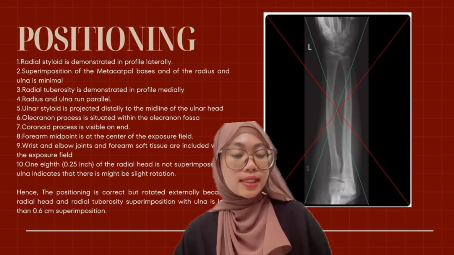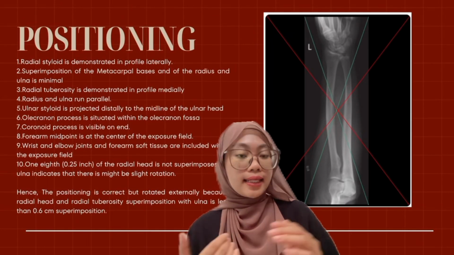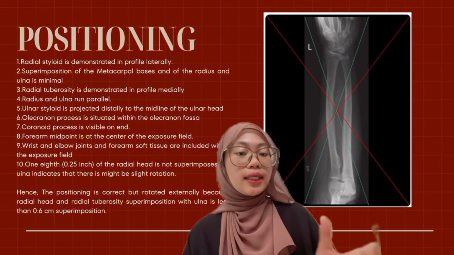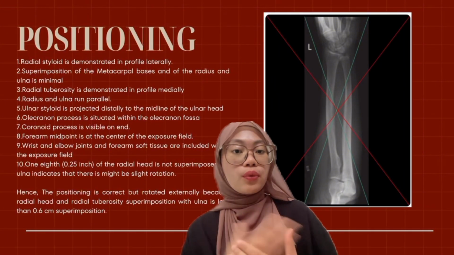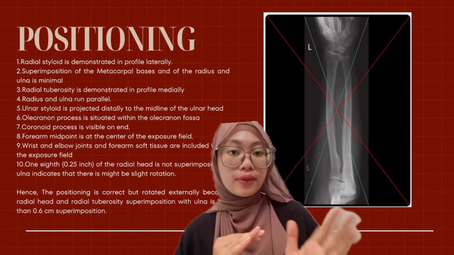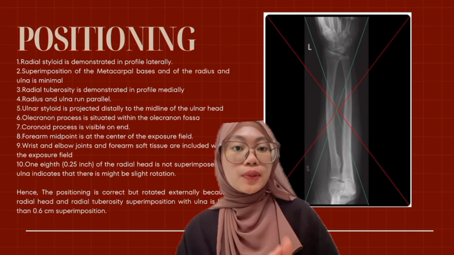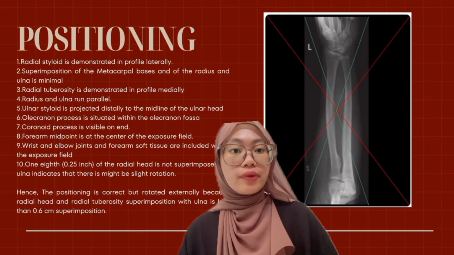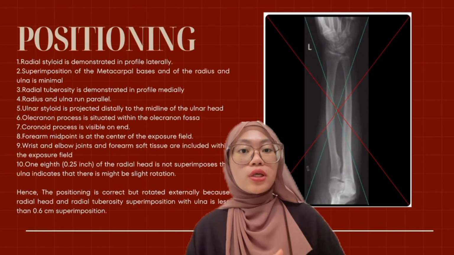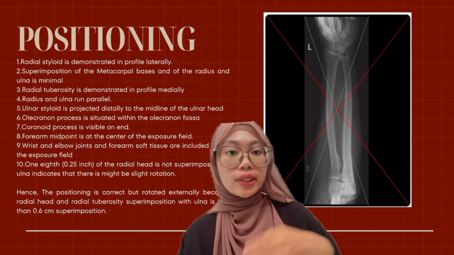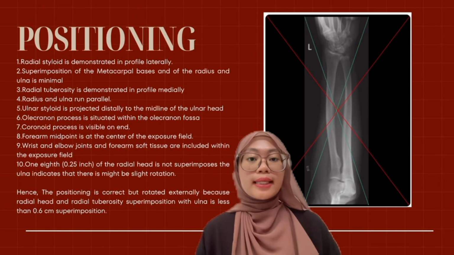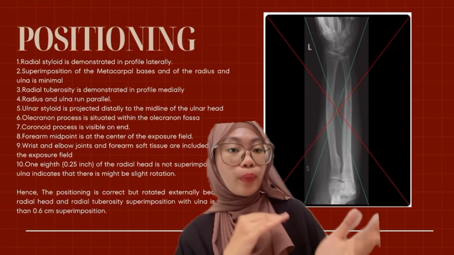Last but not least, we can see that less than one eighth of the radial head is superimposed with the ulna, which indicates that there might be a slight rotation. Hence, the positioning is correct for me, but it's rotated externally because the radial head and radial tuberosity superimposition with the ulna is less than 0.6 cm.